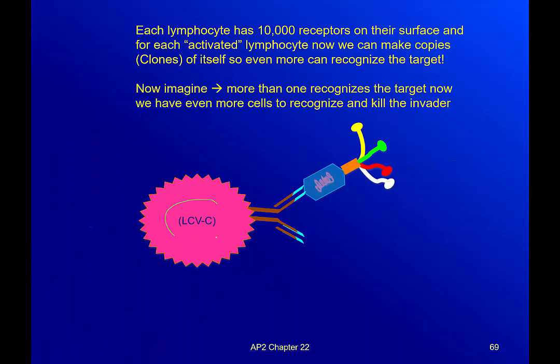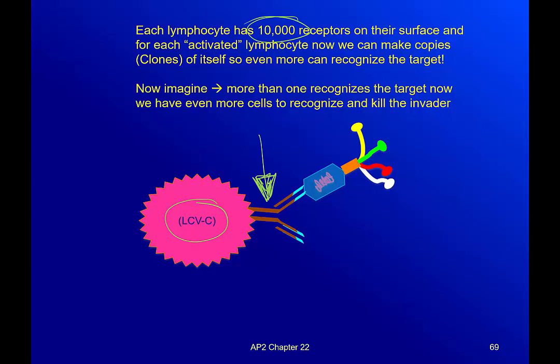Each lymphocyte, each one of these cells, has 10,000 of these receptors on its surface. Now, I've drawn this with artistic license because I'm not an artist, but they actually have 10,000 of these on their surface, basically meaning that if I touch this and it touches any of these on my surface, I'm going to recognize it.